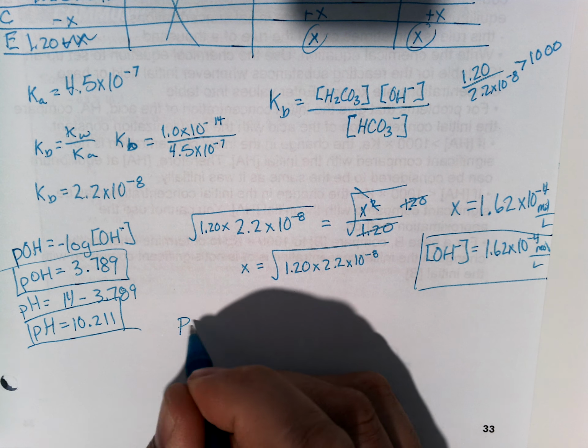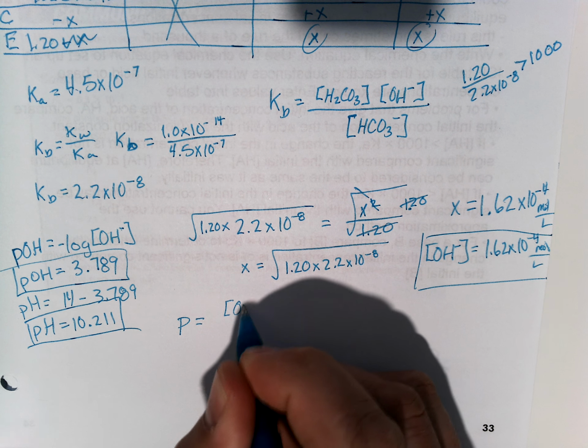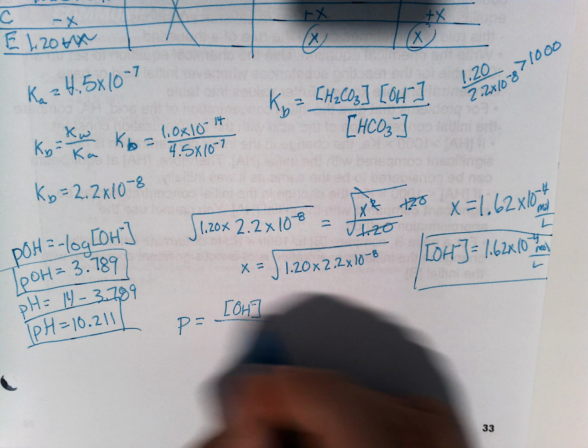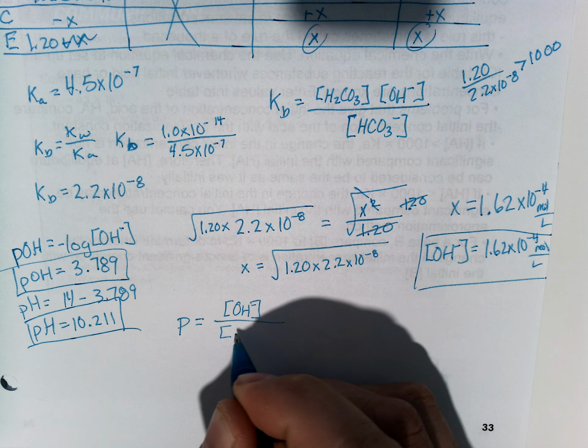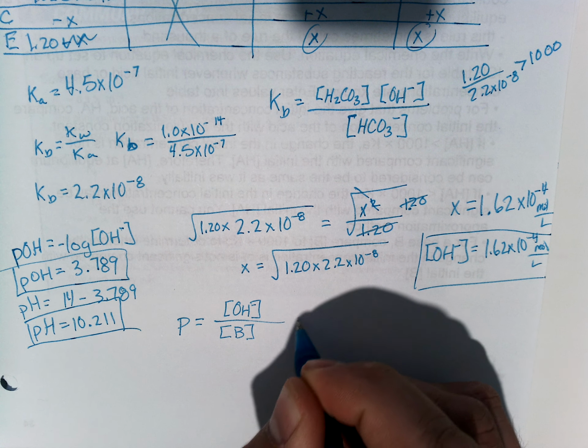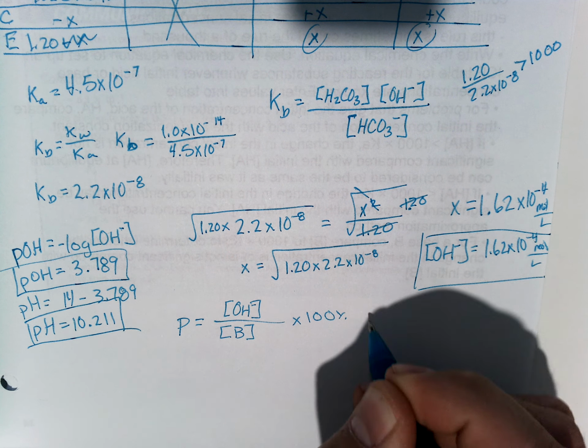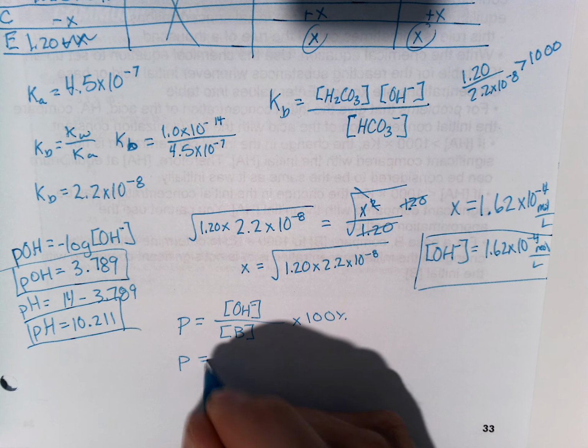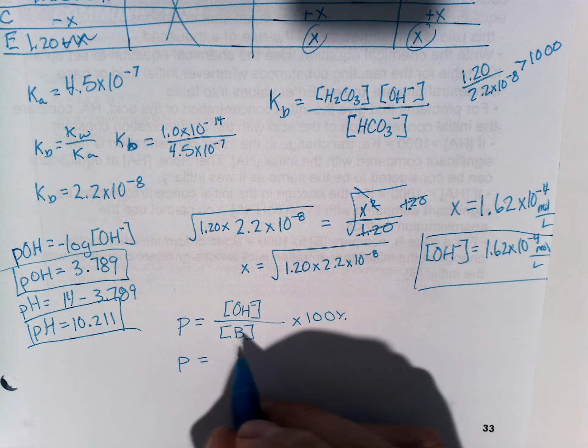Okay, now we just have to solve for percent ionization, which is equal to our concentration of hydroxide divided by our initial concentration of our base times 100%. Let's put those numbers in.